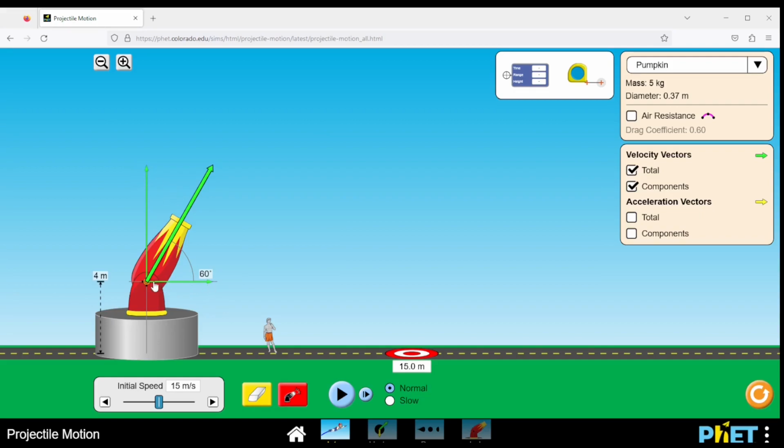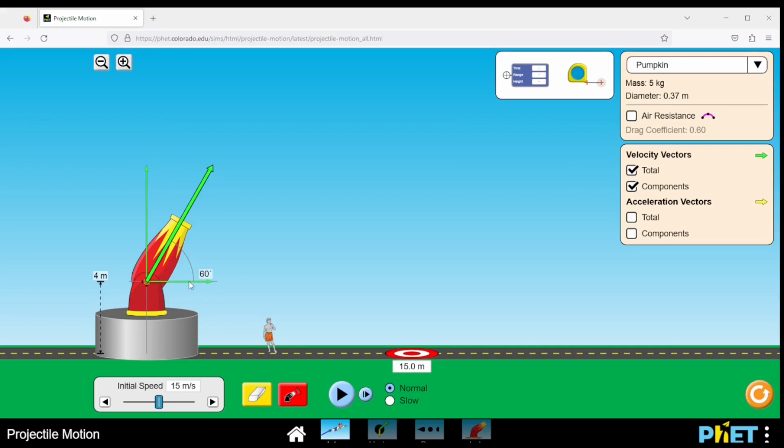And you can see that the total velocity is the sum of the x and y parts of the velocity, because here's how I could get the total. First I go up in the y direction, and then just follow over horizontally the x component of the velocity.